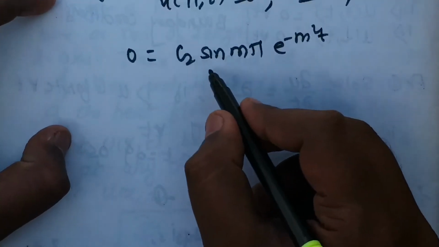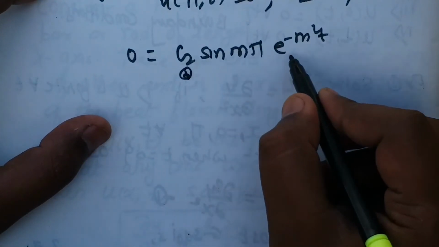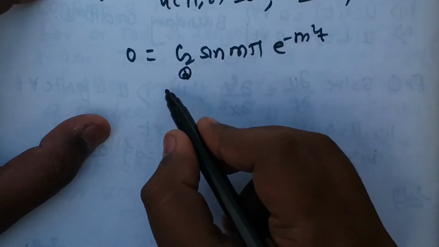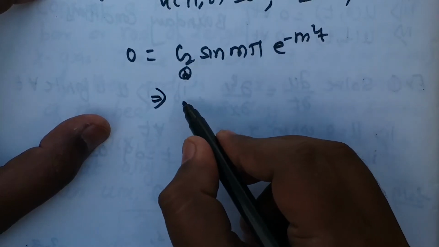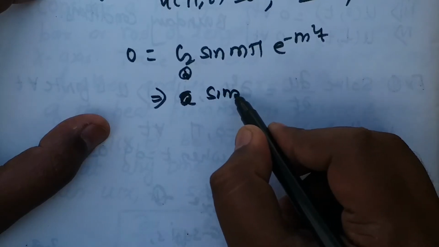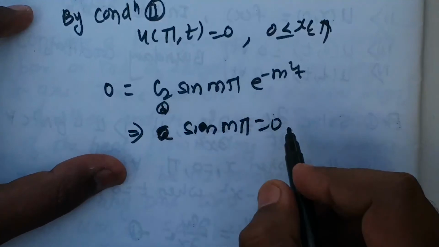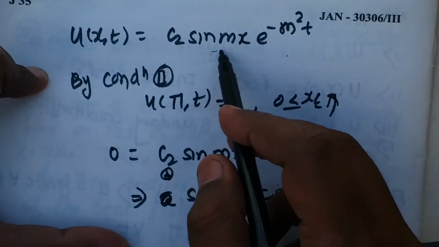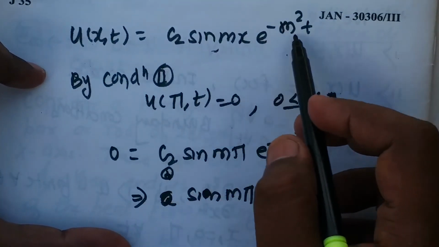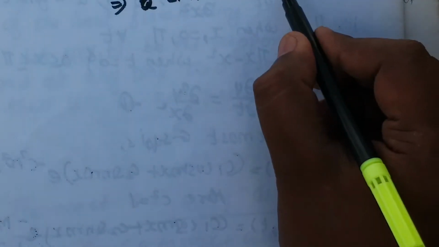Again we have a multiplication of three quantities: c2 into sine m pi into e raised to minus m square t. One of them has to be 0, and here we get sine m pi equal to 0, as c2 is not equal to 0. If c2 is 0, then the solution will become 0. e raised to minus m square t is also not 0, so sine m pi is 0.